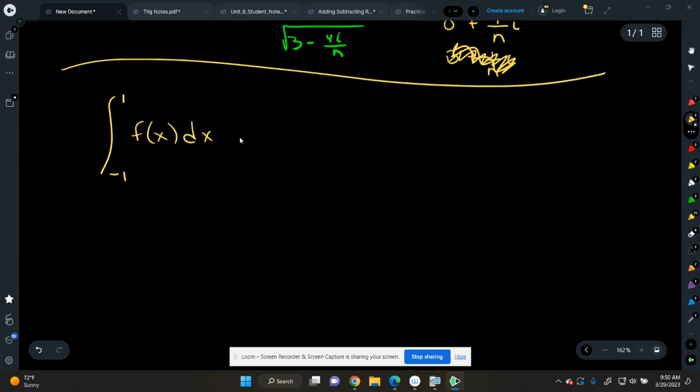So we've got the integral from negative 1 to 1. Okay, copy these down.